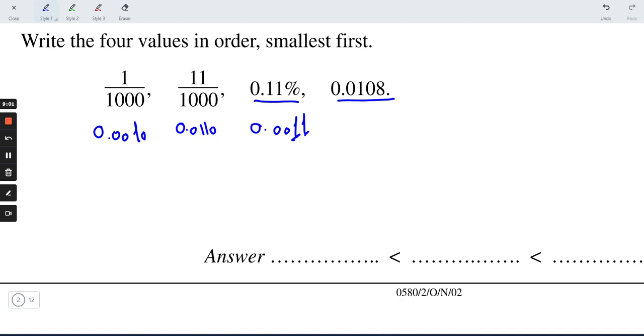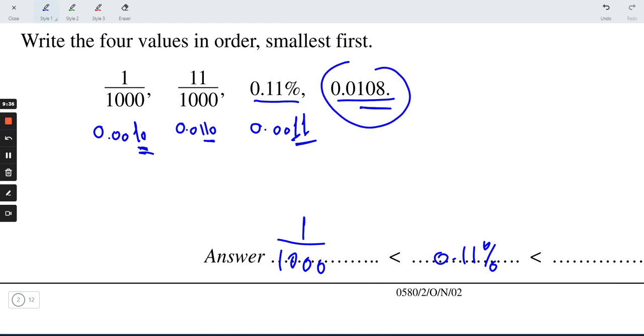Now you can put them in order, starting from the smallest. Here we have 10, then 110, then 11, then 108. So the smallest one is 1 over 1000. The next one will be 0.11%, because after 10 there is 11, then 110 and 108.